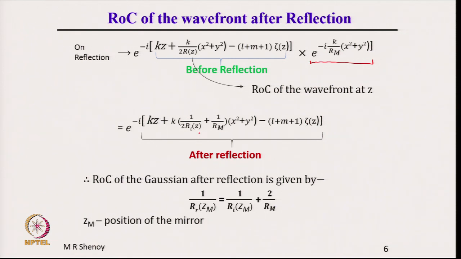Now, if we compare with the original term, then we see that the second term can be written as k into k by 2, let me take 2 outside, and then we have 1 by r i of z plus 2 by Rm.